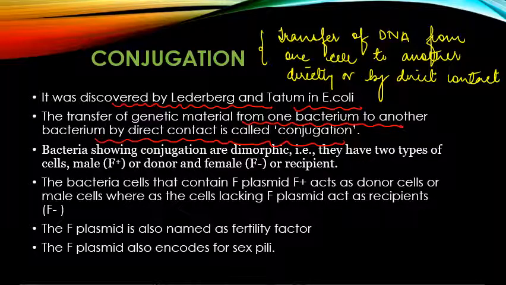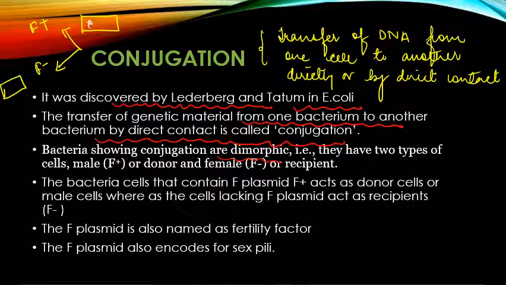Bacteria showing conjugation are dimorphic, that is, bacteria showing this type of reproduction are classified into two types, F positive and F negative. Now what is F positive? This is a bacterial cell. This is also a bacterial cell. Inside the bacterial cell there is genetic material, here also genetic material.